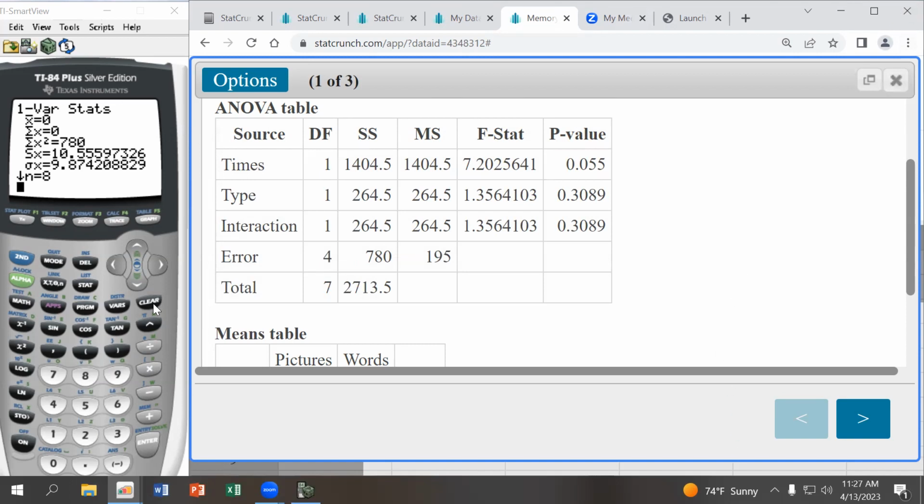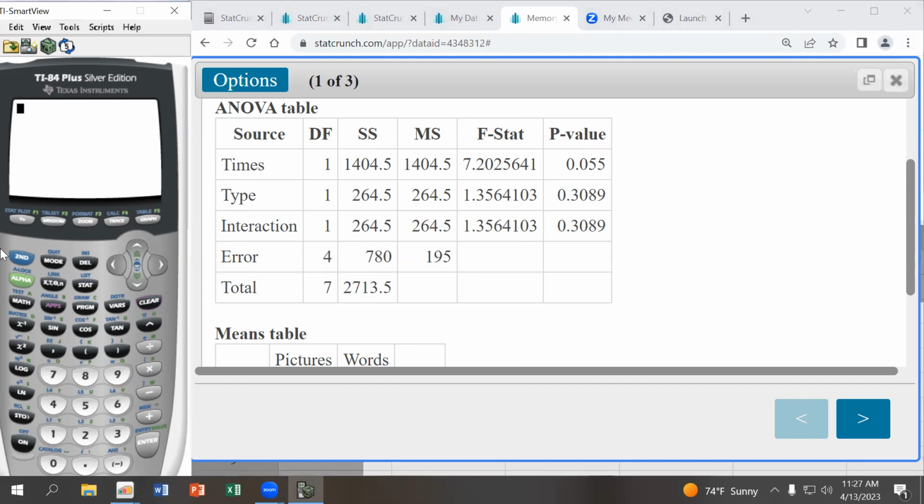So, in your calculator, press second, VARS, the button right next to clear, second, VARS. If you scroll down, you should see FCDF. You're about to F it all up.